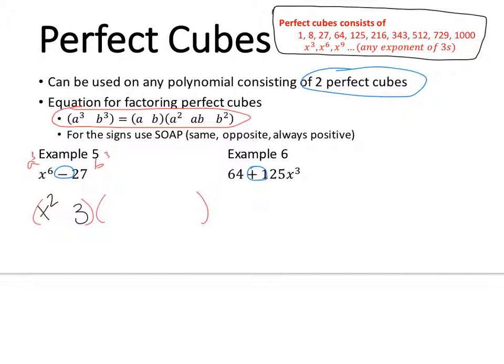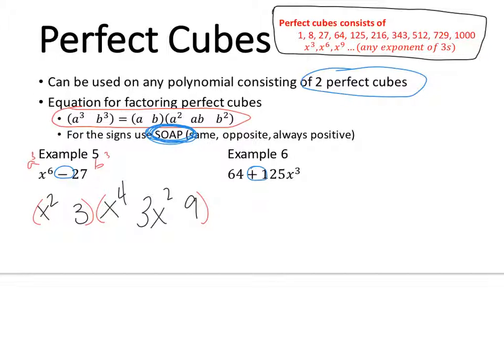So if a is x squared, then a squared would be x to the 4th power, ab would be 3x squared, and b squared would be 9. Again, it's important that you figure out what a and b are, and then from there you can just multiply them together.